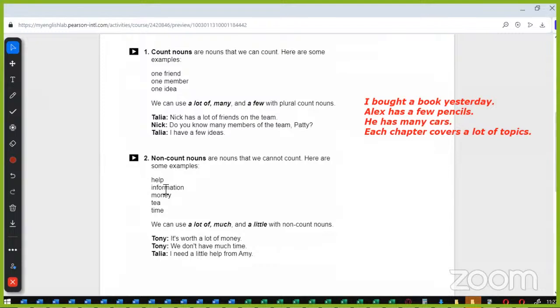I can't say, I need one help, right? Or information. I need 5 informations, right? Or money. I need 10 monies. That's something that we can't do. So in that case, with these non-count nouns, we need to use a lot of, much, a little.